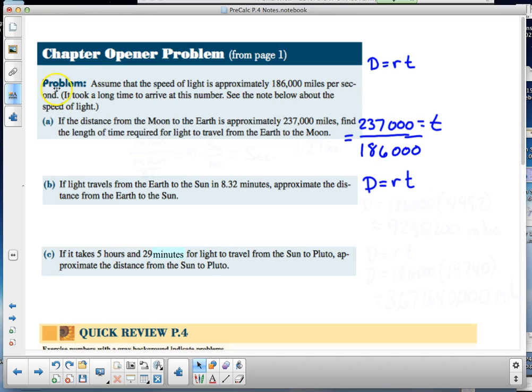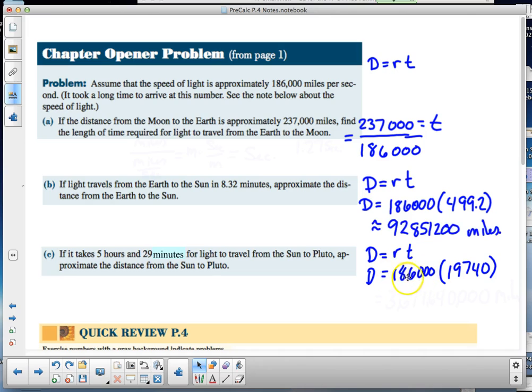And keep in mind, our rate is 186,000 miles per second. Okay, so we need to take 5 hours and 29 minutes and get it to seconds. So 5 hours times 3,600 gives me how many seconds in 5 hours? And then plus 29 times 60 gives me the seconds in 29 minutes, and add them together. And so now I'm at a point where I've got 186,000 times 19,740.